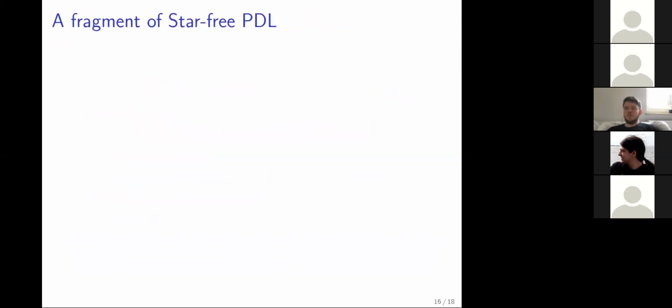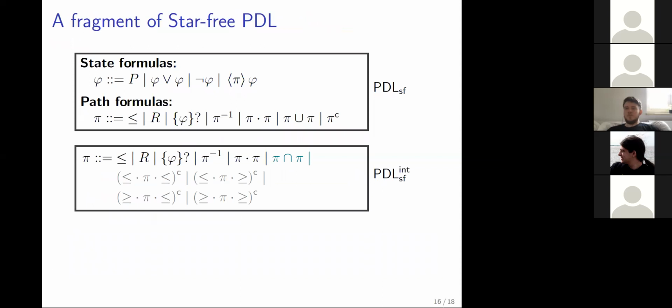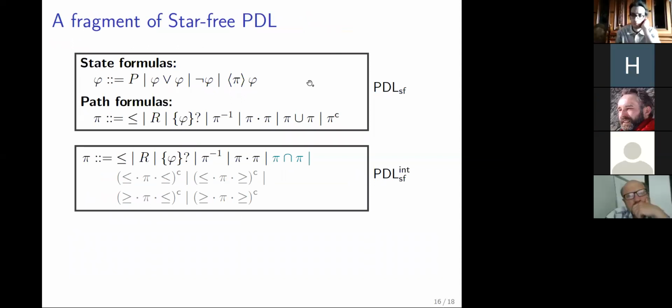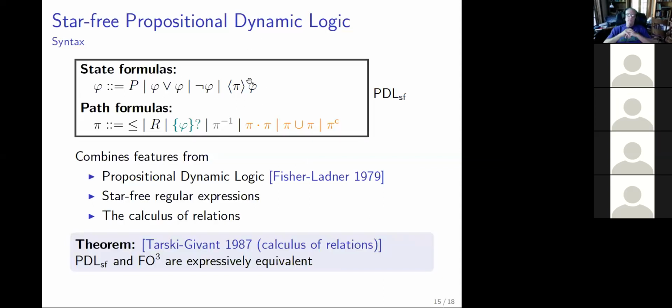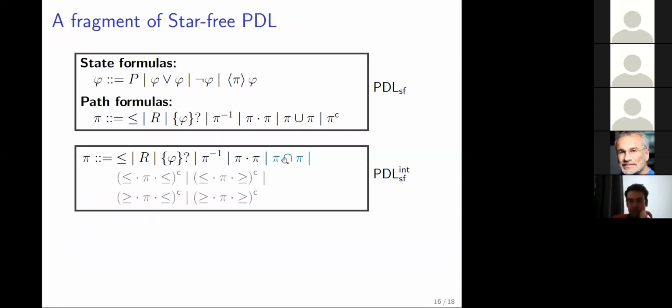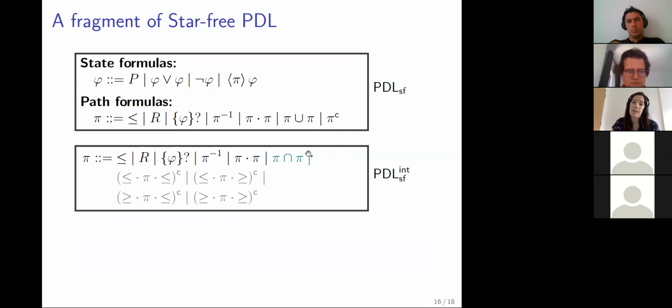In fact, I will not use this full logic directly. I will use a fragment of the logic in the translation where I restrict the Boolean operations in this way. The union is no longer allowed, but we still have the intersection. And the complement is restricted to formulas of this form.